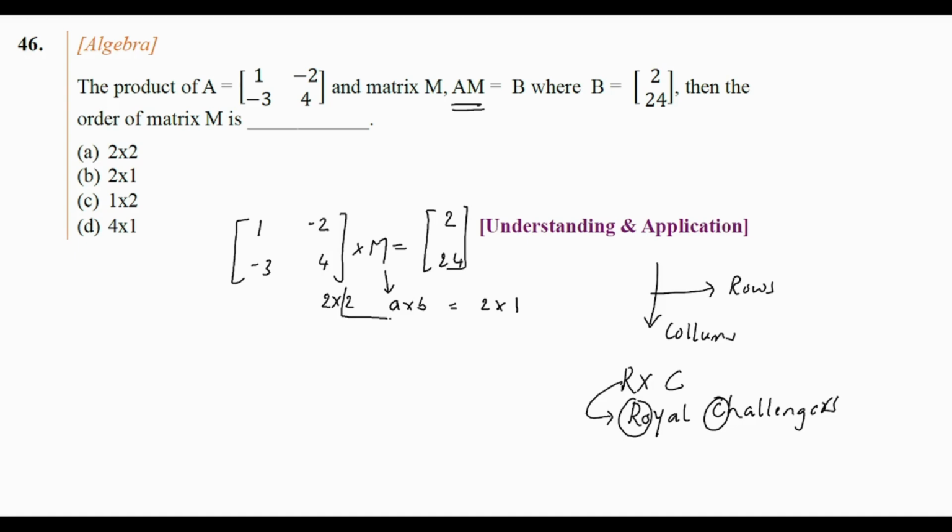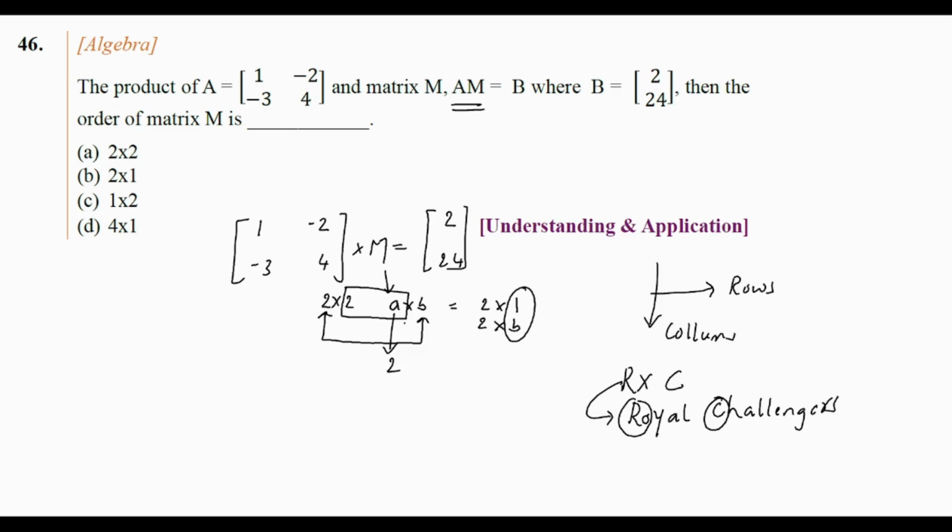Multiplication is possible only if the column of the first matrix is equal to the row of the second matrix. So 2 and A should be the same. So the value of A is 2. Clear? The product matrix has the order 2 cross B. So here it is 2 cross B. What will be the answer for B?